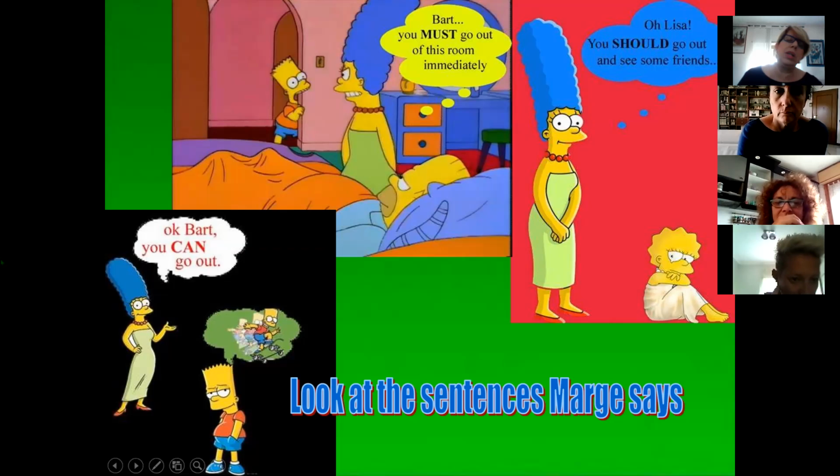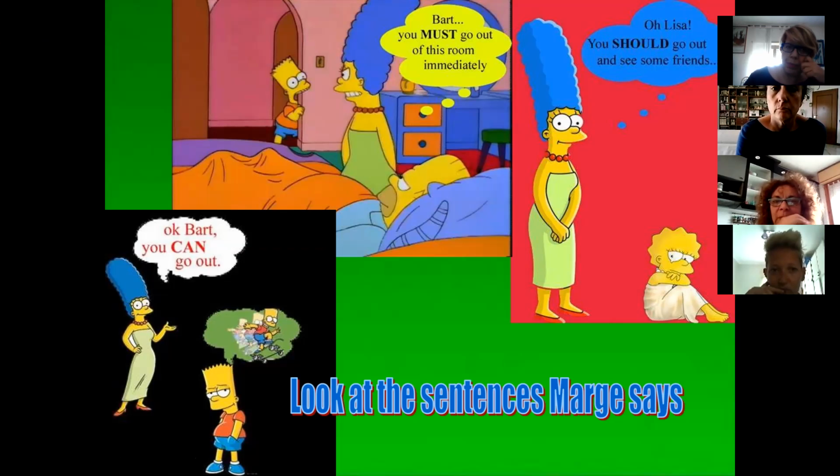Okay, so what do you remember, more or less, of the categories that I just mentioned before showing the book? So, you must go out. What is Marge expressing here? It's an obligation, it's an order. You must go out, it's an obligation.